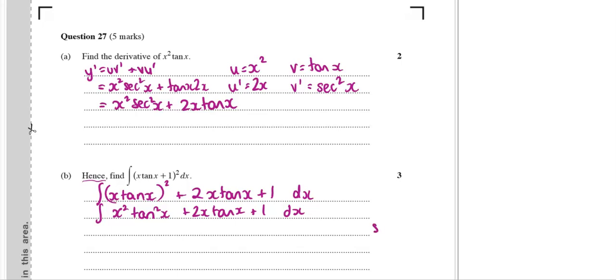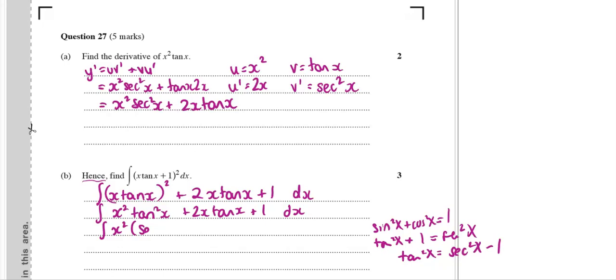So the fact that I know that sine squared x plus cos squared x equals 1 tells me if I divide through by cos squared that tan squared x plus 1 equals sec squared x, and therefore I can replace tan squared x with sec squared x minus 1. So let me go ahead and do that. So x squared and then sec squared x minus 1, plus 2x tan x plus 1, dx.